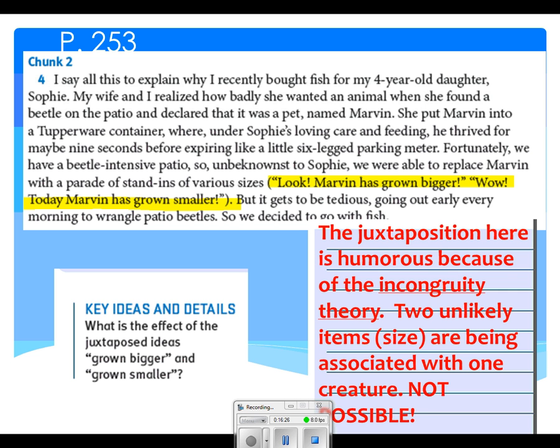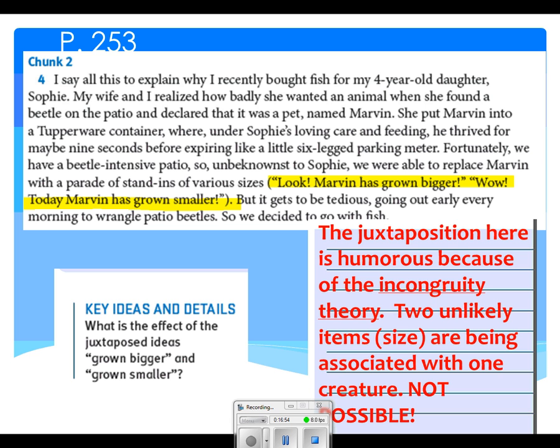So we can say it's funny because Sophie's naive, she's not realizing that her parents are essentially lying to her, getting rid of a dead creature, putting in a live one. But the way that we explain it with our precise diction is we talk about how this juxtaposition, this comparison of something being big and small is funny. And the reason why this juxtaposition is humorous is because of incongruity theory.